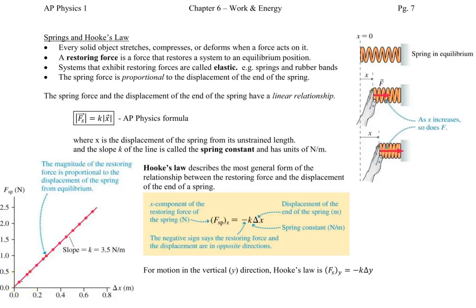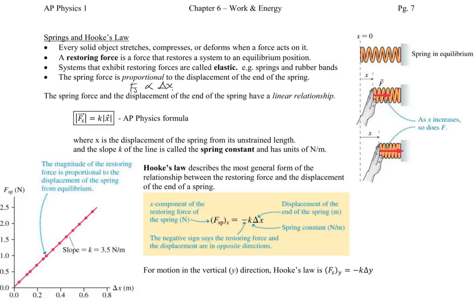And in that case, you could actually say it's not just linearly related, but the force and the stretch distance or compression distance is directly proportional. So the force is directly proportional to the stretch distance. And that is known as Hooke's law. The spring force is directly proportional to the displacement of the end of the spring.